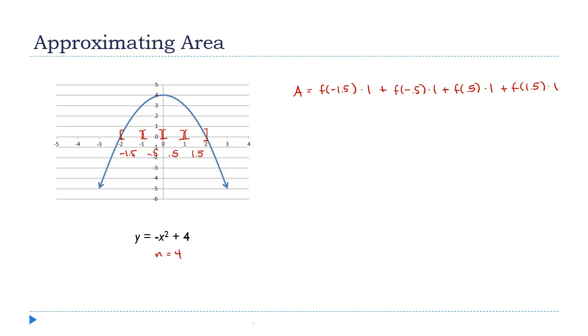Okay, so what does this come out to? Well, f of -1.5 is 1.75 times 1 plus 3.75 times 1 plus, and again, we're working the symmetry here a little bit. f of 0.5 and -0.5 are the same. So this is also 3.75. And this is 1.75.